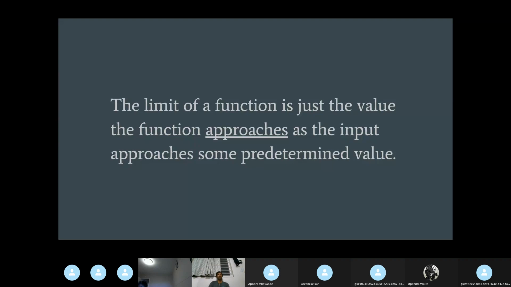We care about the value it approaches, the value it gets closer and closer to as the input approaches C. It's regardless of what the value is at that point. The limit doesn't take into account the value. They're two distinct things. I have a few examples ahead to illustrate this, but this is an interesting point.